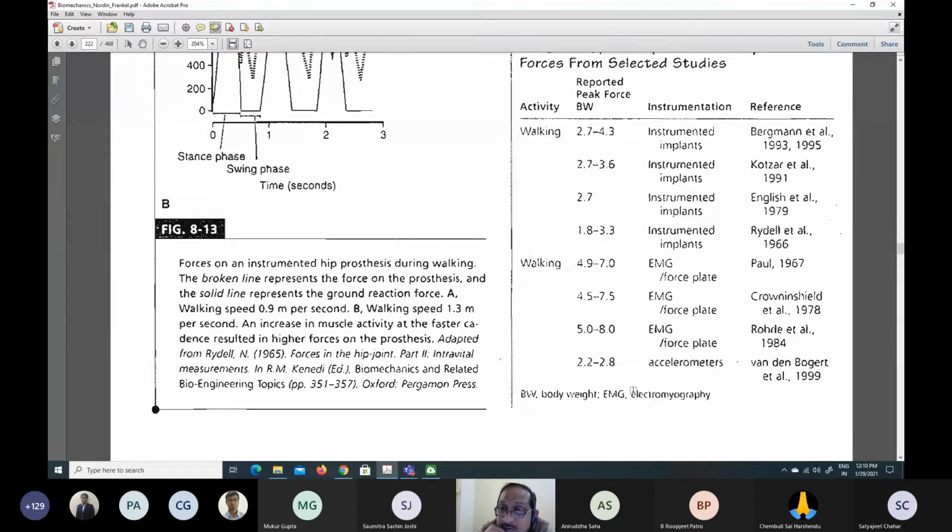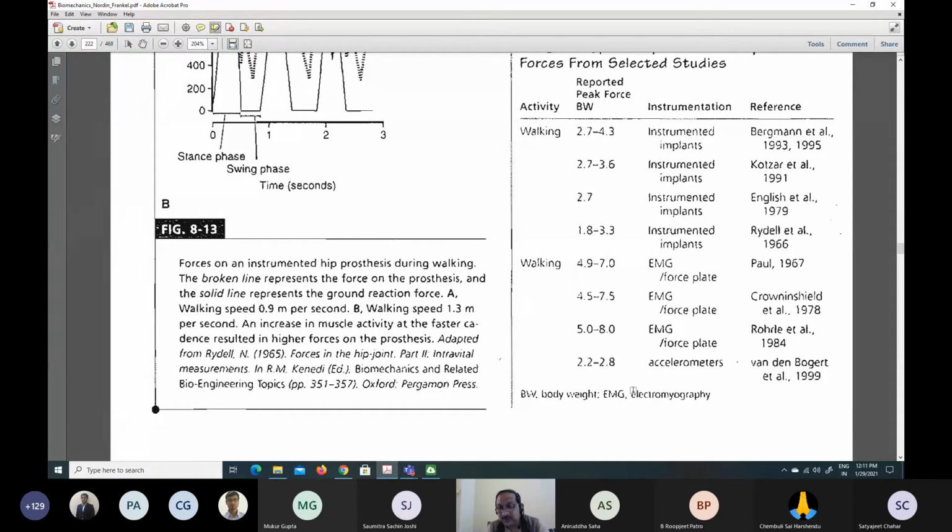So we will learn a lot regarding the calculation of hip joint reaction force as well as the muscle forces when we move on to the next lecture. But I think that is most of it.